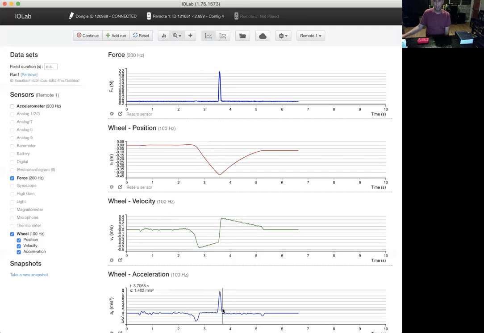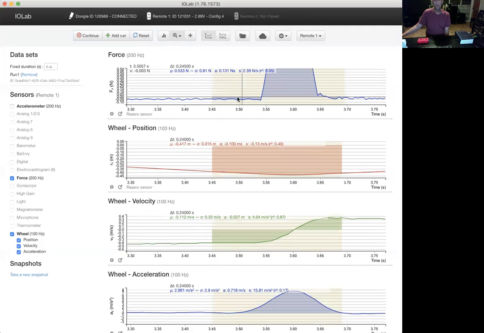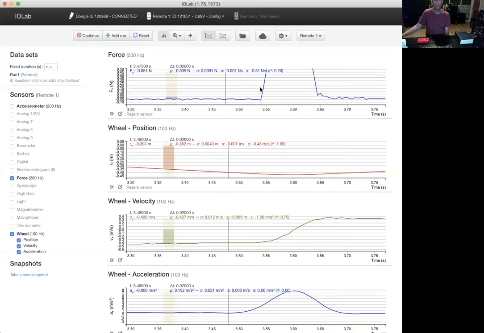However, I would use this acceleration as a measure of your impulse when you choose your duration for the impulse, because the force sometimes is really noisy. So what I mean is, the first thing that we want is to go around the force. I could really zoom in here and make sure that I'm really getting it. When I zoom in though, just note that I don't know quite where this force really ends, and that's not good enough.